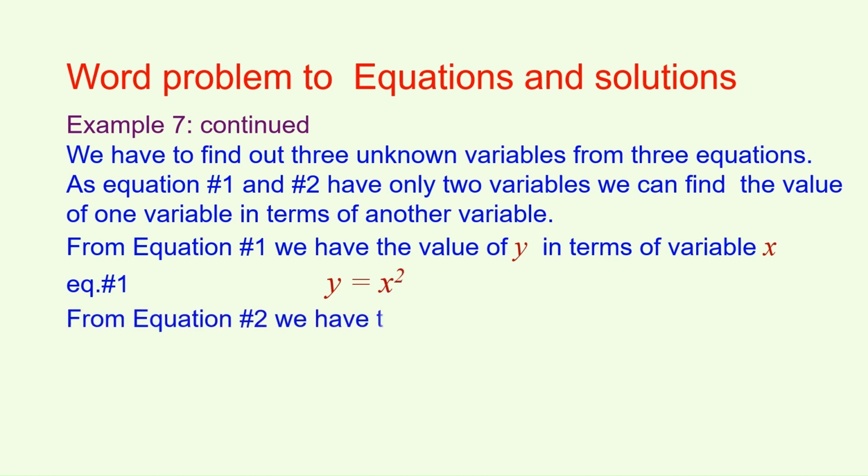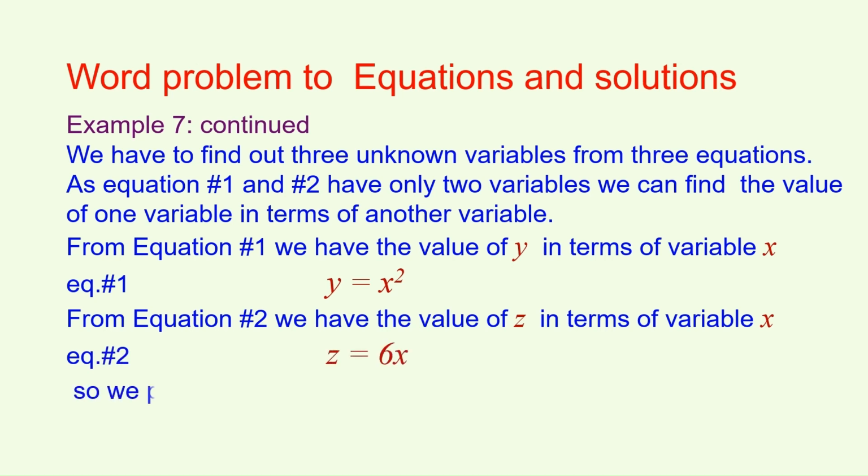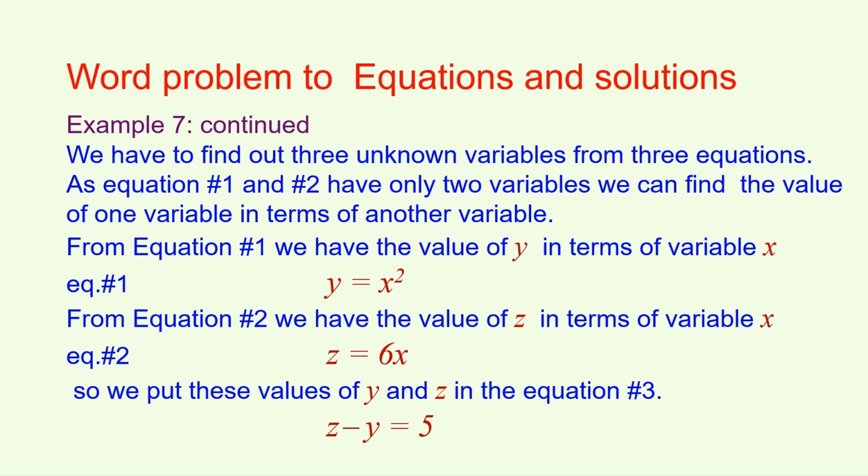From equation number 2, we have the value of z in terms of x: z equals 6x. So we put these values of y and z in equation number 3, z minus y equals 5.